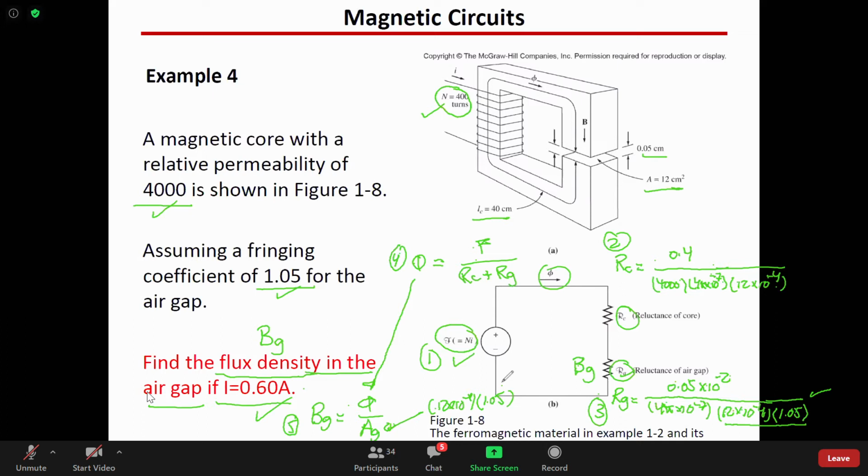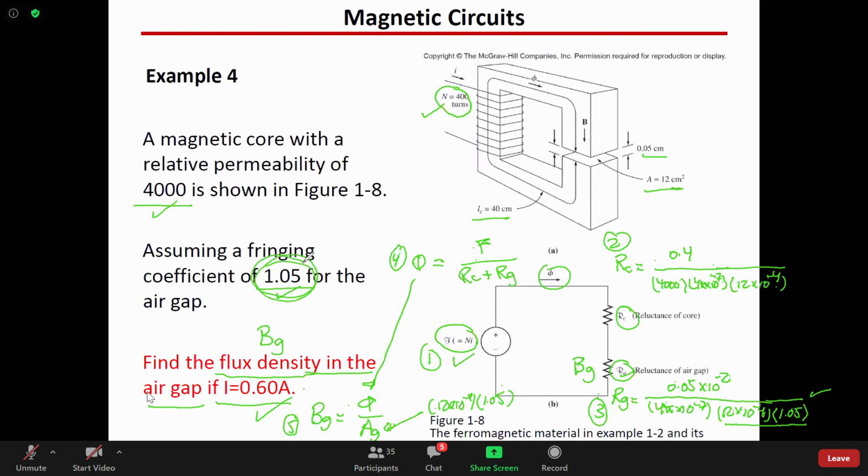Doctor, when do we have to find the cross-sectional area for the air gap? Is it always the same as the cross-sectional area of the core? Yes, except that we have what we call the fringing coefficient here.